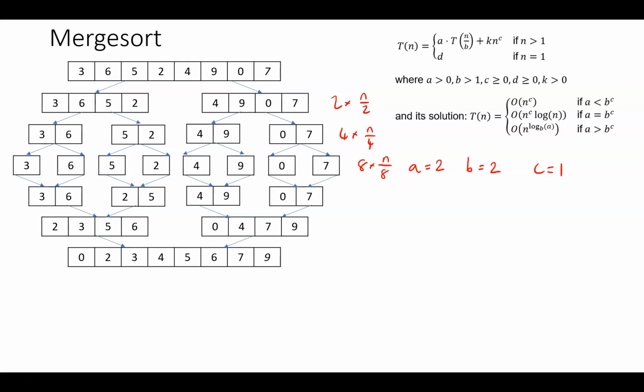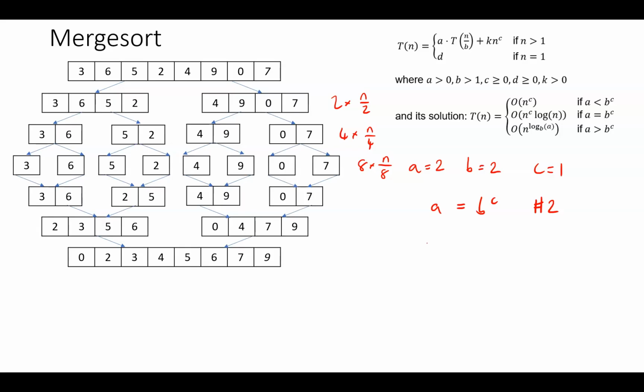So now we apply the master theorem. We say A equals 2, B equals 2, C equals 1. We compare A with B to the power of C, and we can see that A equals B to the power of C. So we're dealing with case number 2.